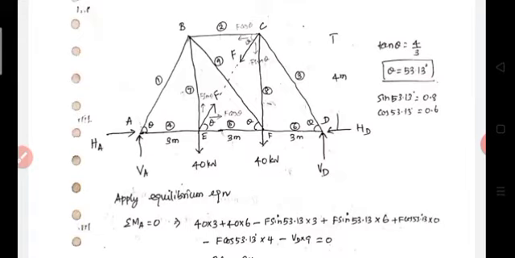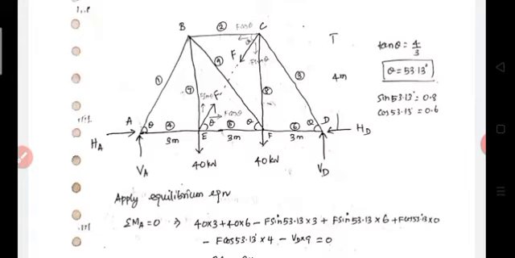Then F sin theta at joint E creates anti-clockwise moment, so minus F sin 53.13 into 3. F sin theta at point C creates clockwise moment, therefore that is plus. F cos theta at point E creates 0 moment because there is no perpendicular distance.